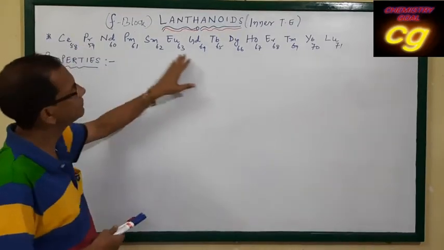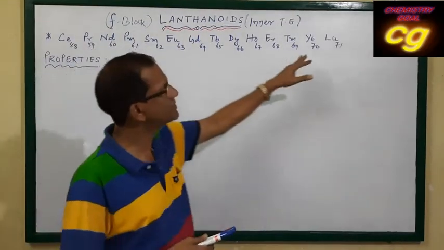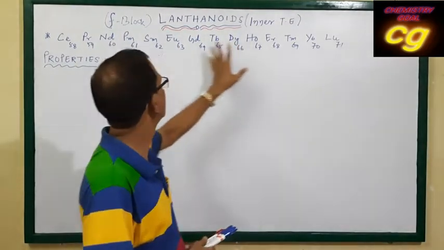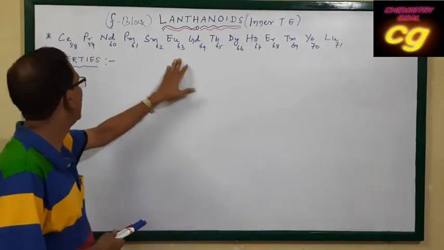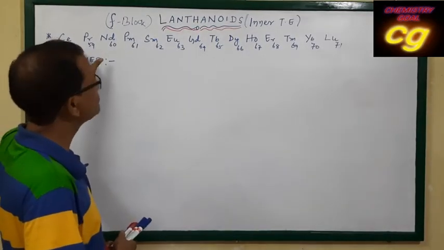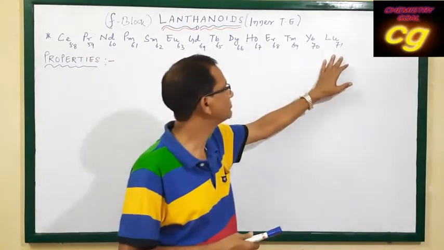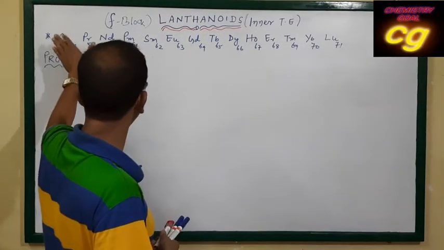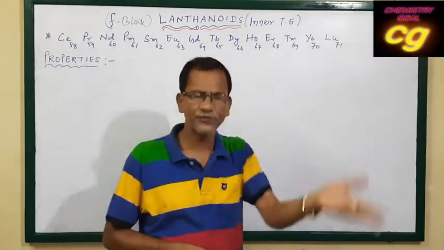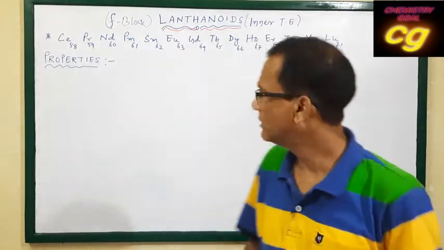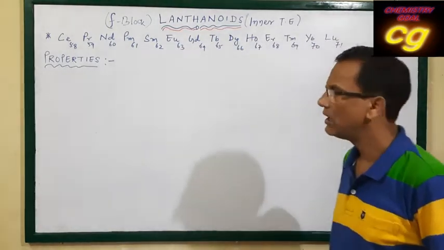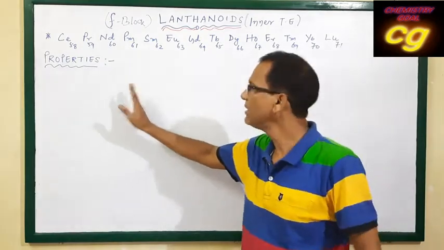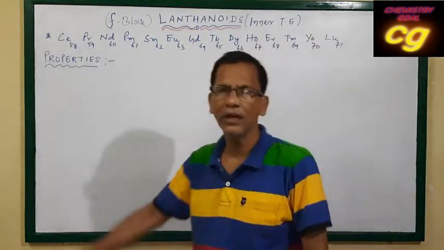So these are the 14 elements of lanthanoids, and the atomic number goes from 58 to 71. As these elements start from lanthanum, that's why these are called lanthanoids.